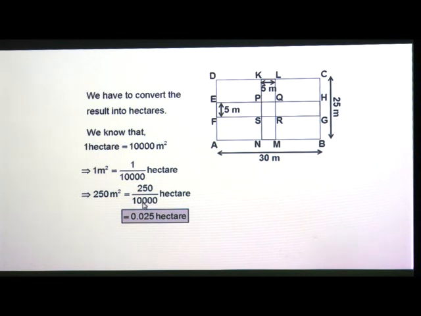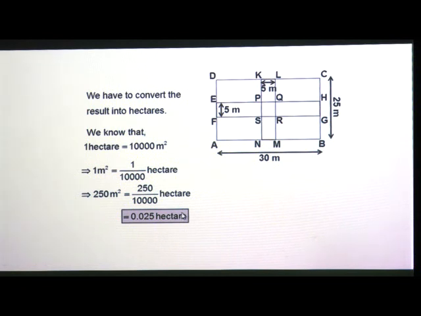No need to go for long division, because we already learned in decimals how to divide by 10, 100, 1000, 10,000. Here we have 4 zeros, so after 4 digits we give the decimal point. So, it is 0.025 hectare. In this way we found the area of the given field in hectares.